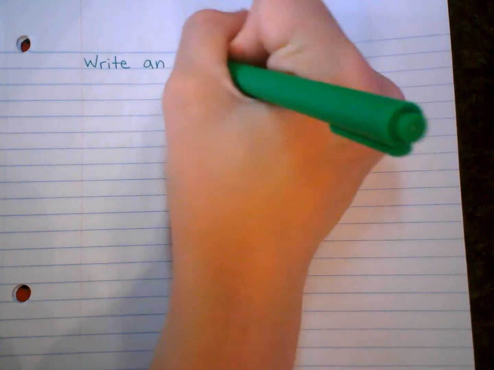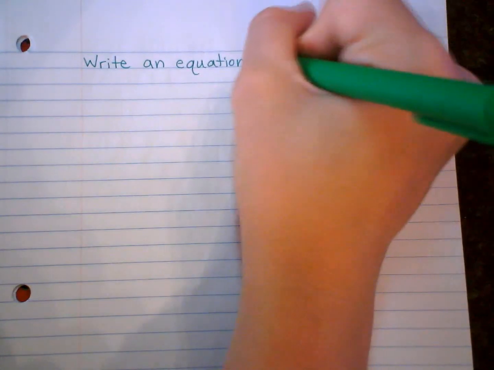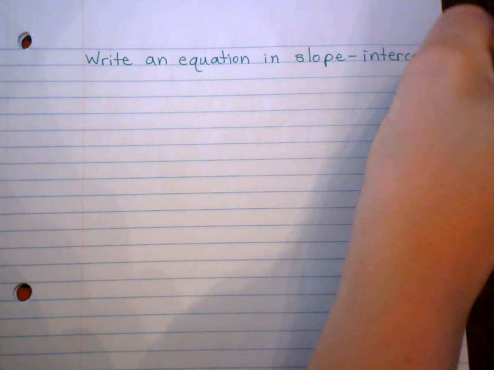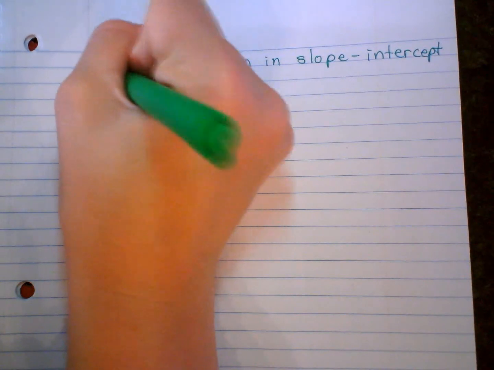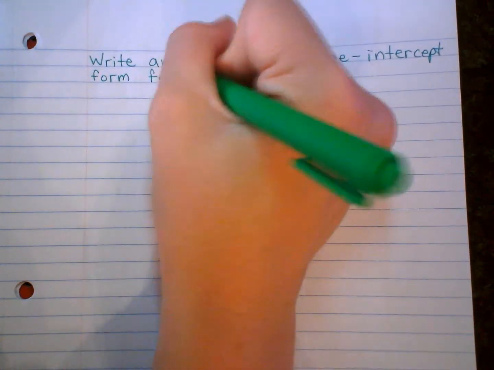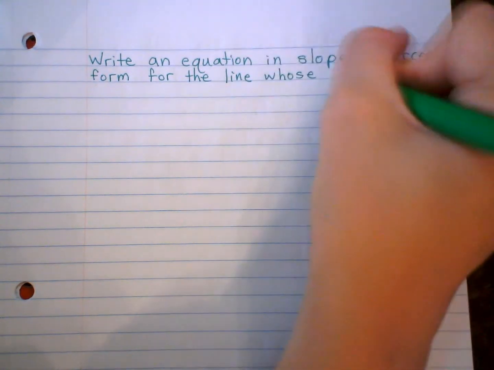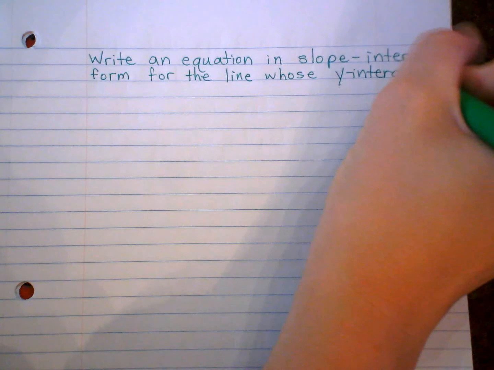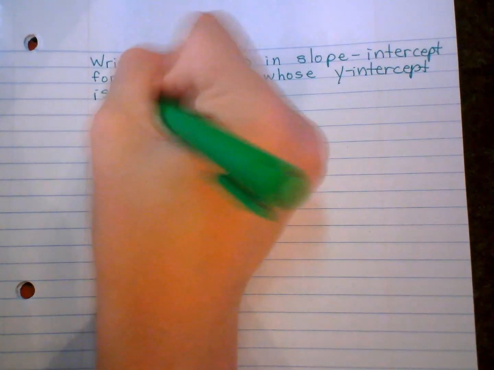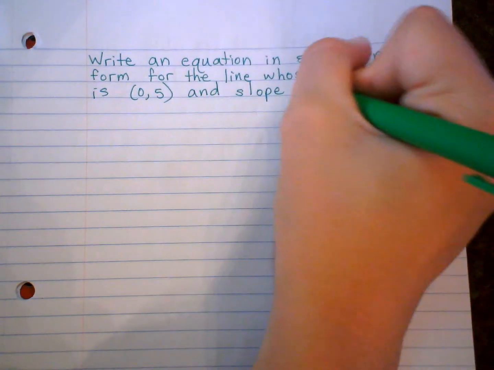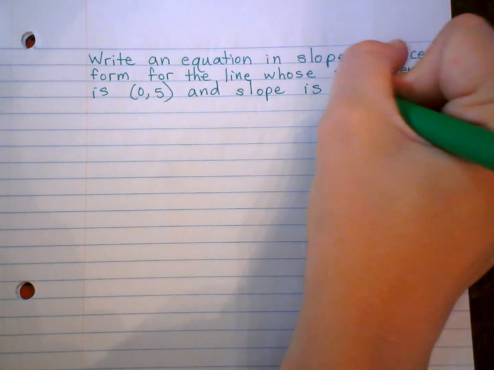I want us to write an equation in slope-intercept form for the line whose y-intercept is 0, 5 and slope is negative 1/2.